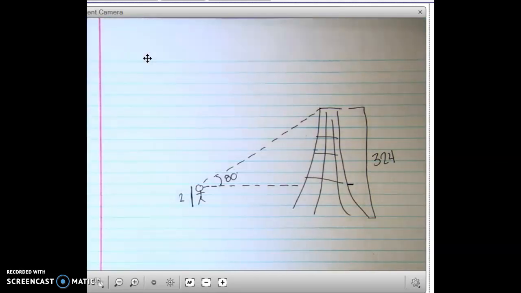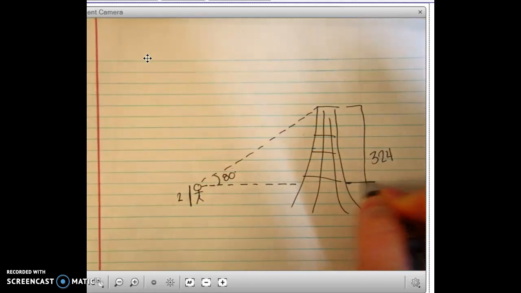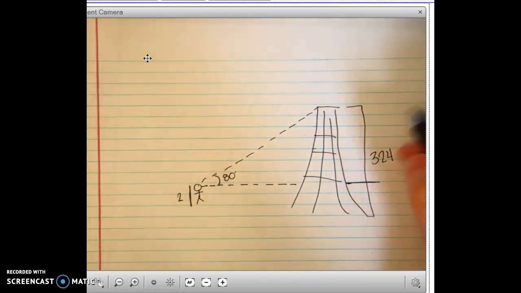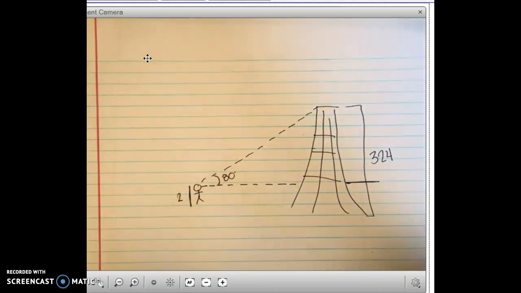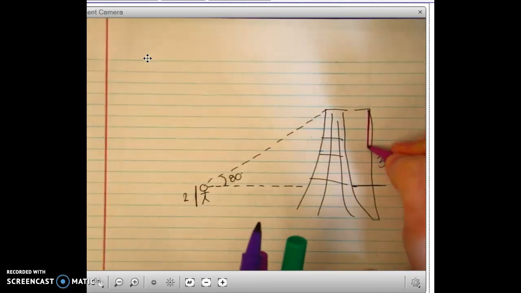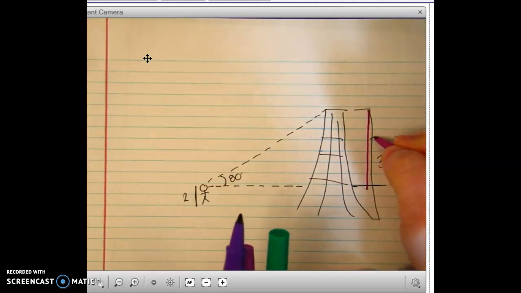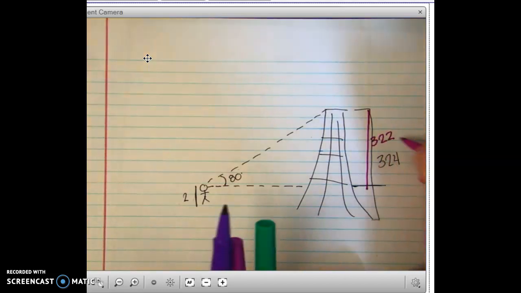Is he going to the ground? That would end at the height of Jaden. So it would end at the height of Jaden, so we need to take this 2 meters off. The whole thing is 324, but if we take 2 meters off, this is going to actually be 322.